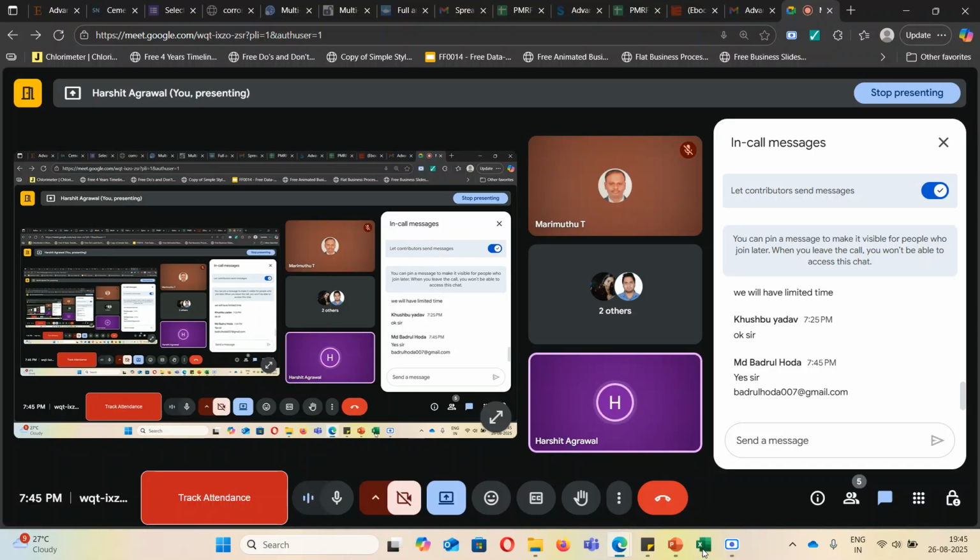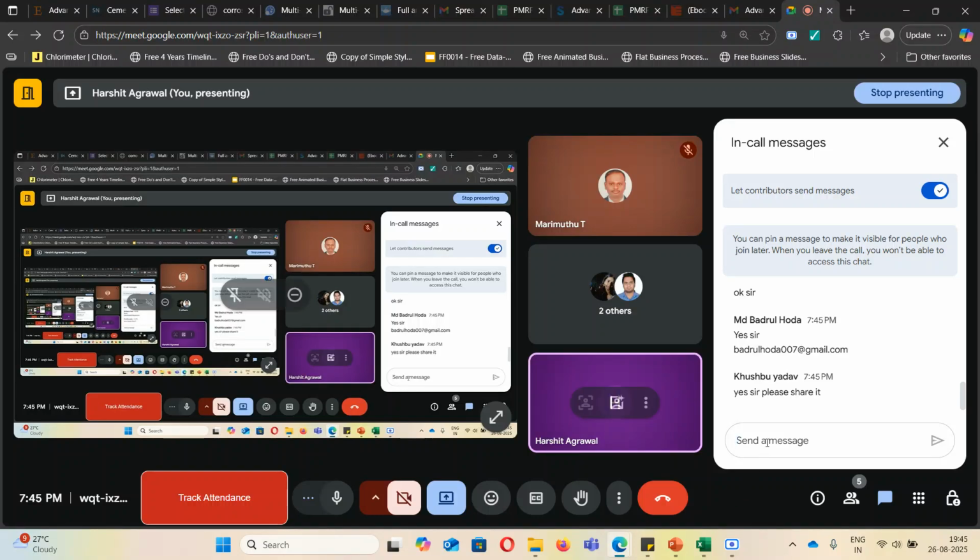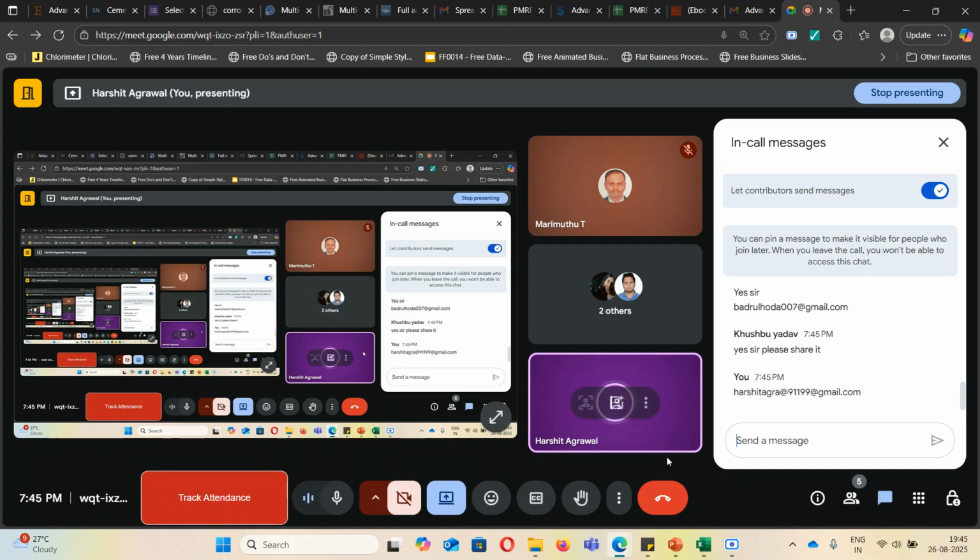You have my mail ID, na? So those who need, they can just drop me a mail. Then I will share the Excel sheet with you. This will help you to simply do this calculation.